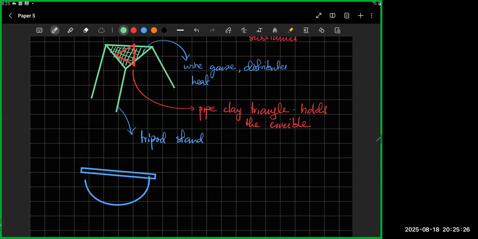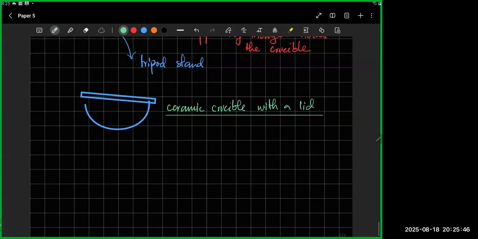So this is a crucible with a lid. This one is a ceramic crucible with a lid, used for strong heating.